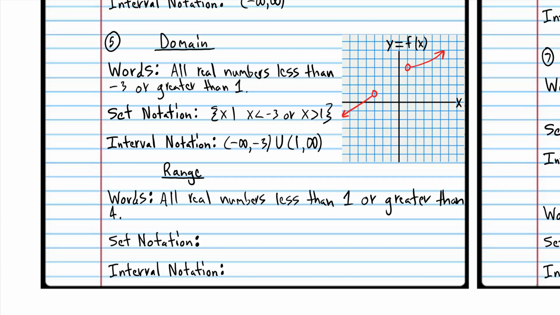In set notation, we say the set of all y values such that y is less than 1 or y is greater than 4. And in interval notation, we say negative infinity to 1 union 4 to positive infinity.